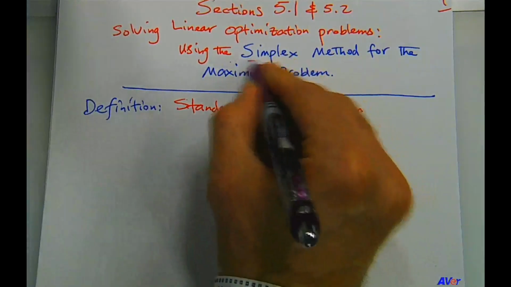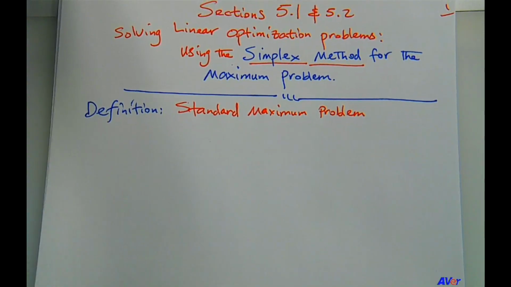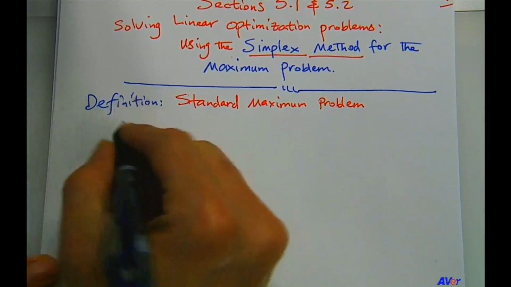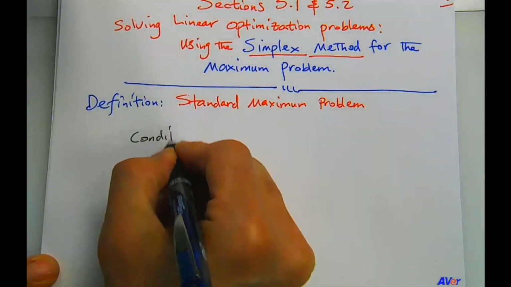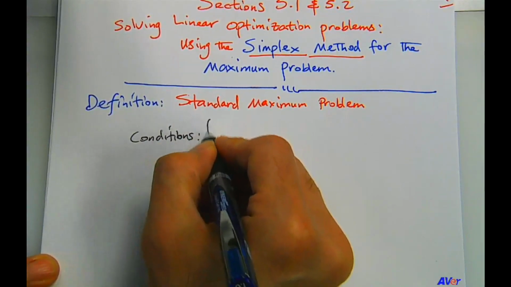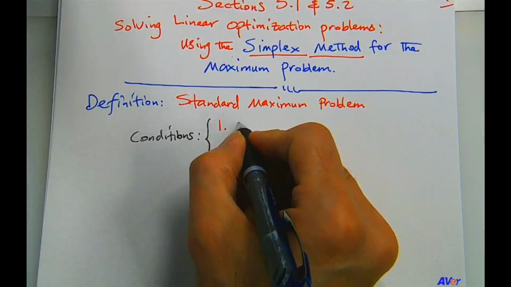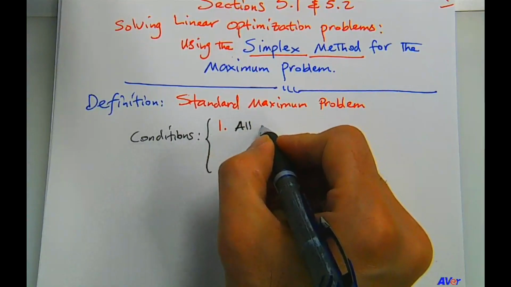And of course, we're learning about the simplex method. There are two conditions that make up a standard maximum problem. Let's see what those two conditions are. First, variables must be positive.